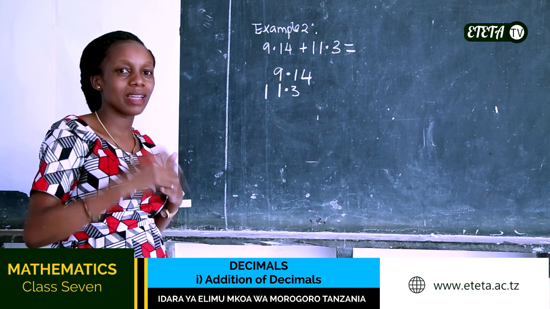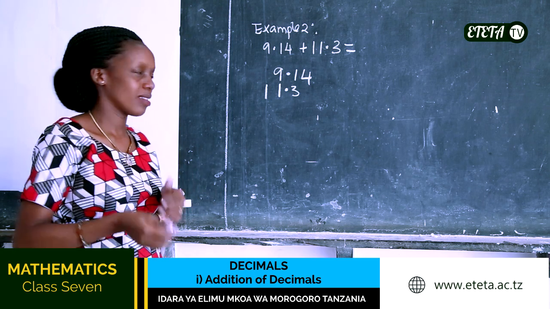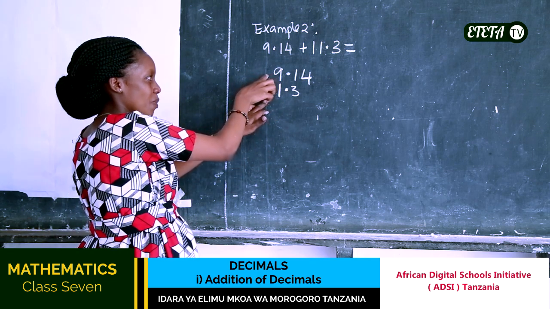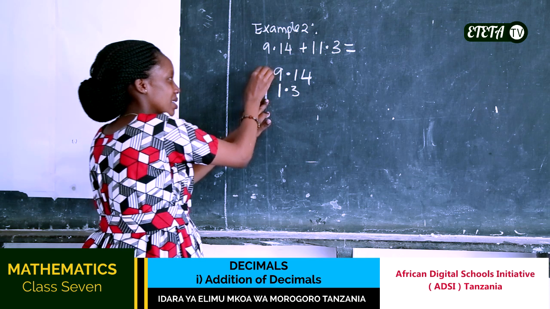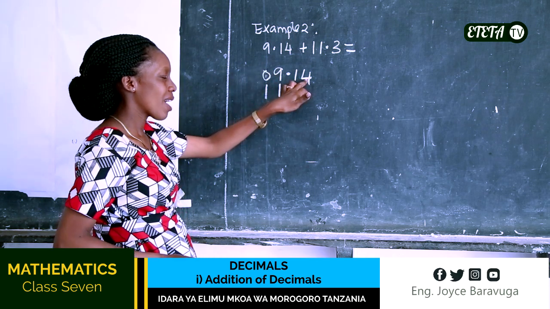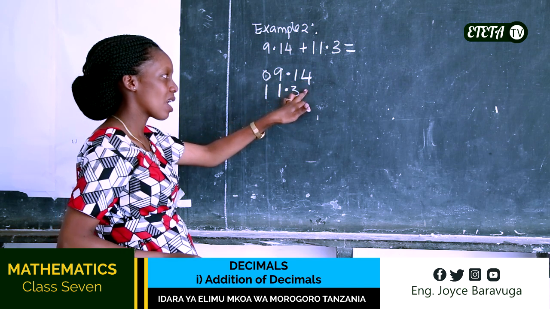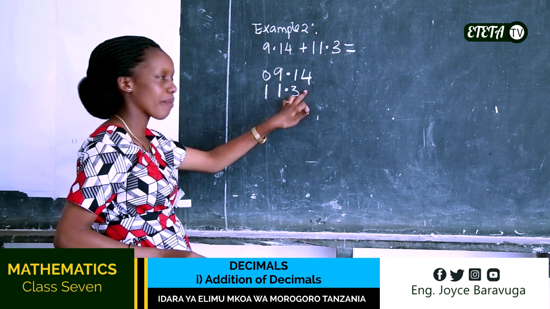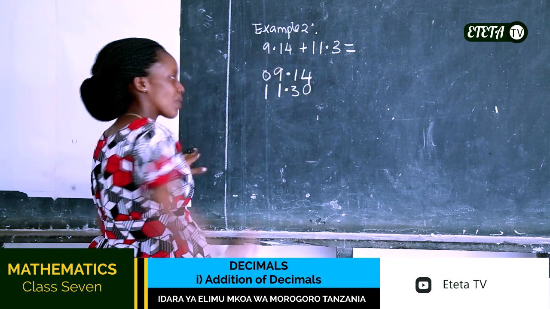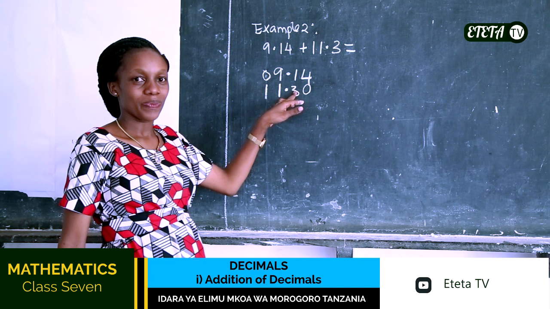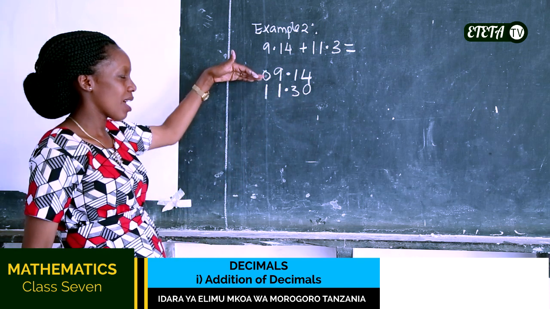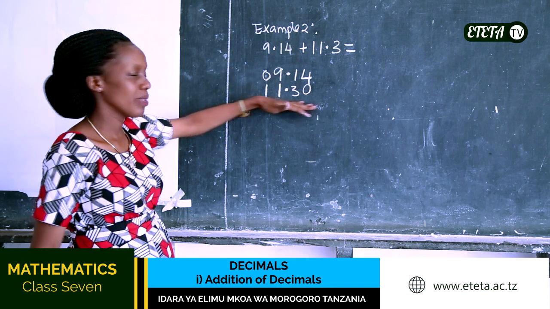Here we have 1, but here there is no number, so we are going to add 0 here. And also, here we have number 4, but here we don't have any number, therefore we write 0 there. So, my dear pupils, as you can see, we have the numbers of the same length.